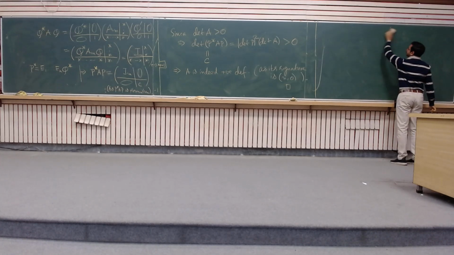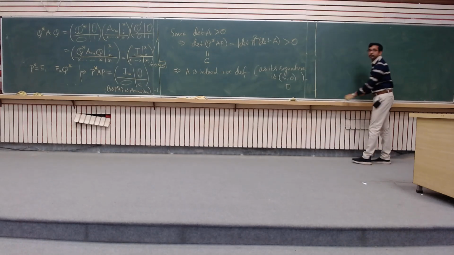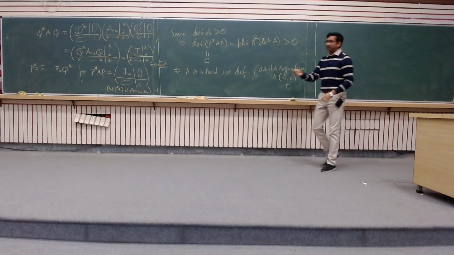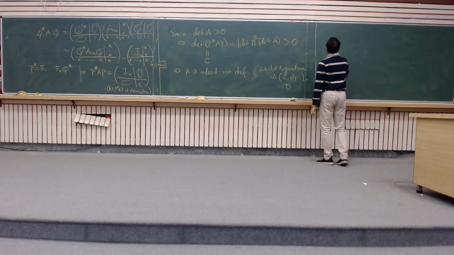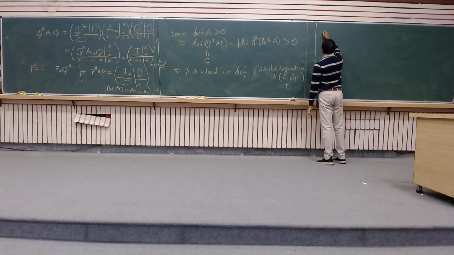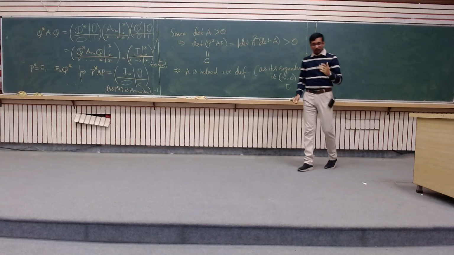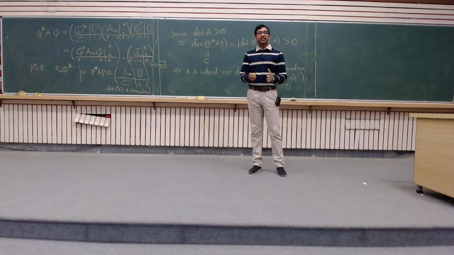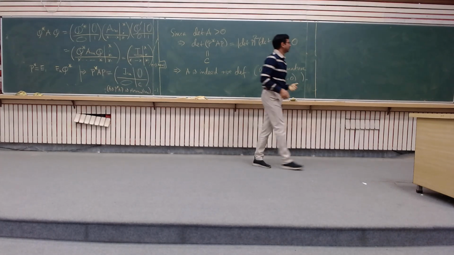So just a few definitions, and then we finish the class. We do other proofs in the next class. So now what we are going to do is use linear operators on Hermitian spaces.